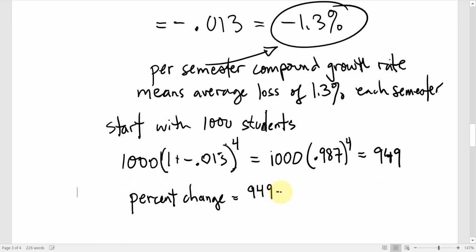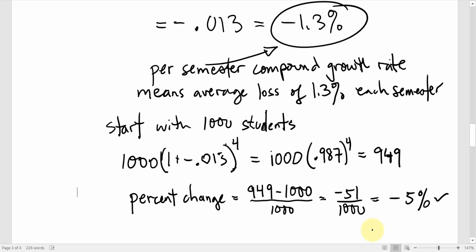It's that new amount minus the original amount divided by the original amount. So I can see we've lost 51 out of 1,000, and that's about -5%. So that's checking. That's the per semester compounding growth rate that is, in this case, lowering 1.3% every semester, that contributes to an overall 5% decline in 4 semesters.